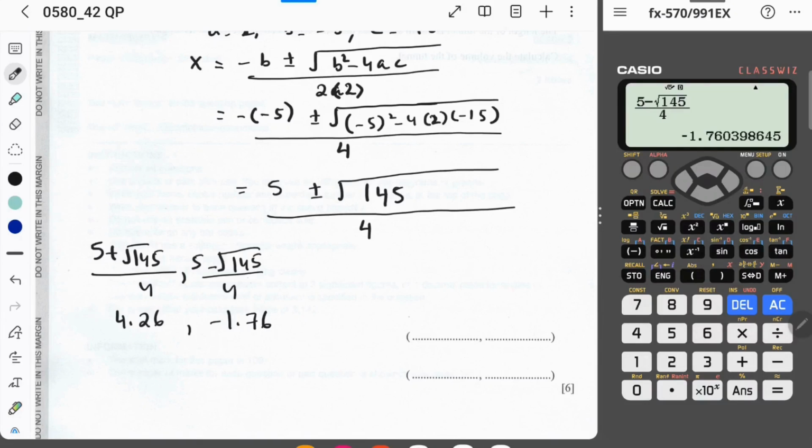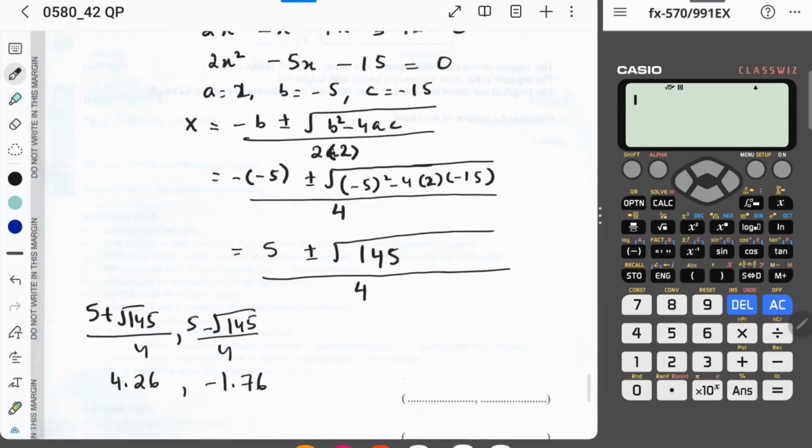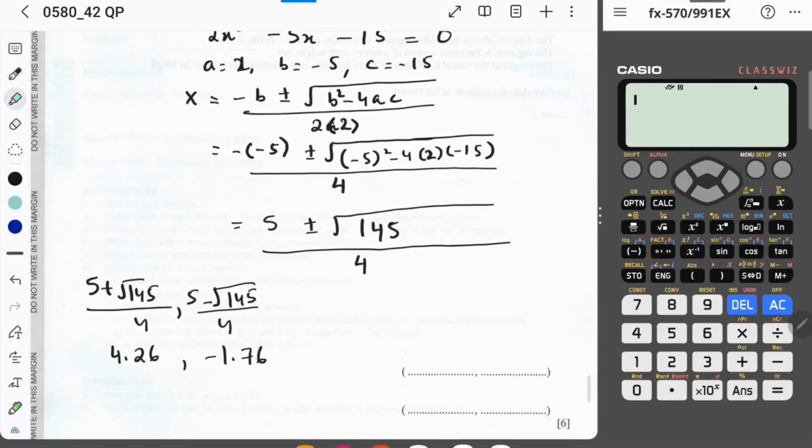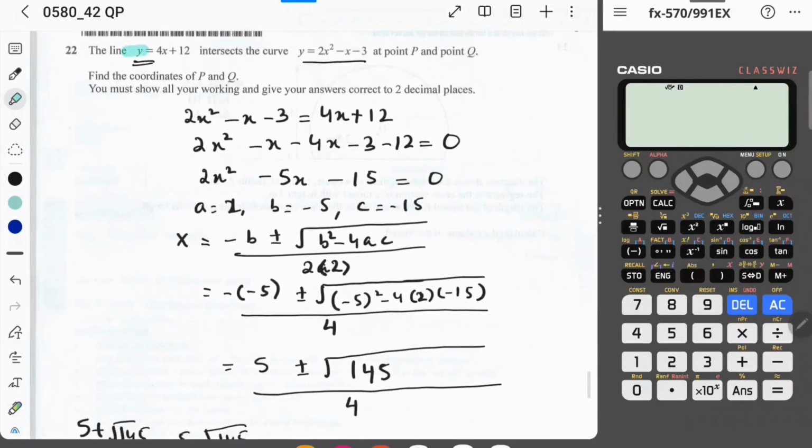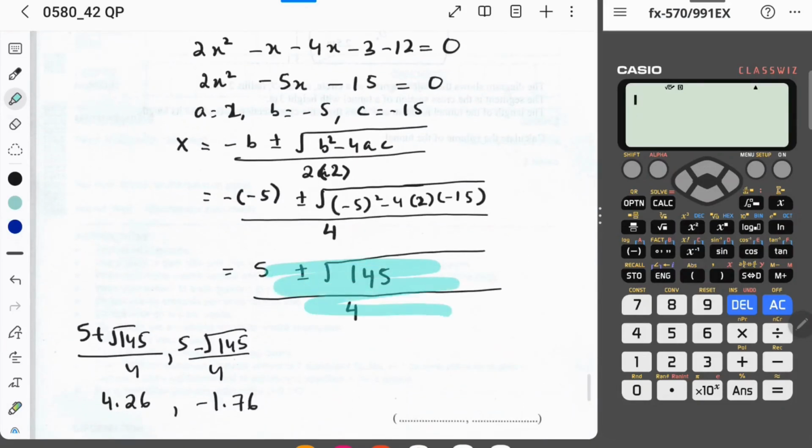Substitute in the linear equation and get the value for y. If you want the exact value, after finding x you can substitute in y is equal to 4x plus 12, and put the same value there to get a more accurate answer if you want.